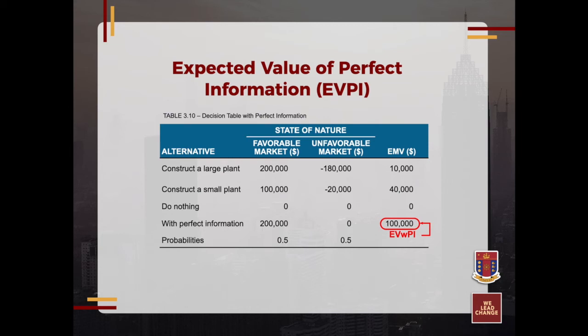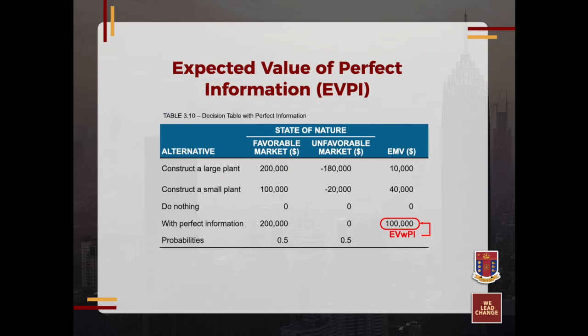And so if you are assuming that you have perfect information and you know everything about that market, you will get 200,000. However, if it's an unfavorable market, of course, still you're going to choose the best payoff because you have that perfect information, and you choose 0.